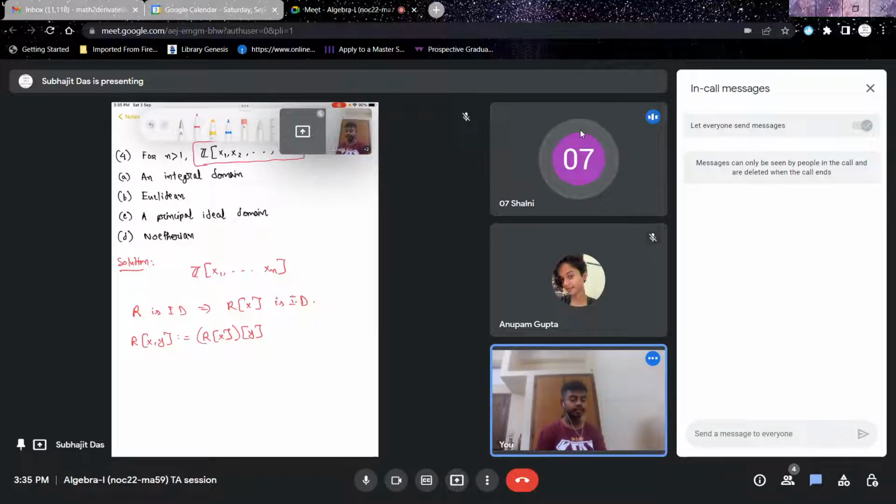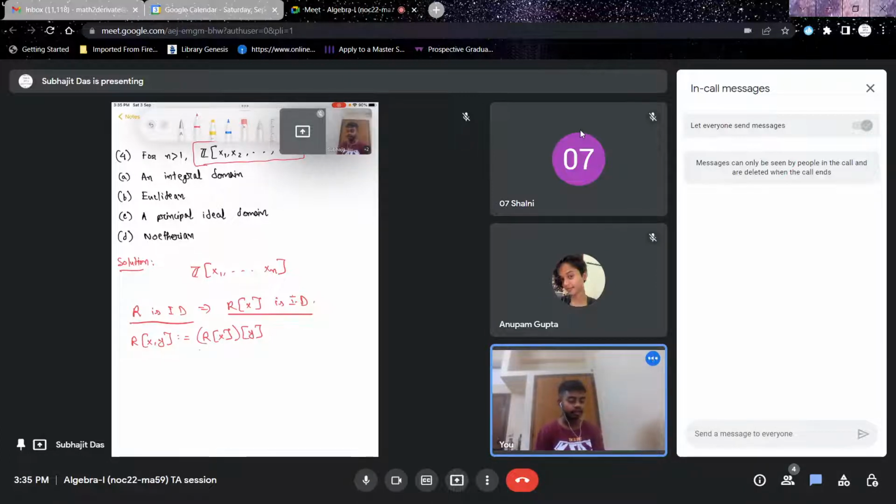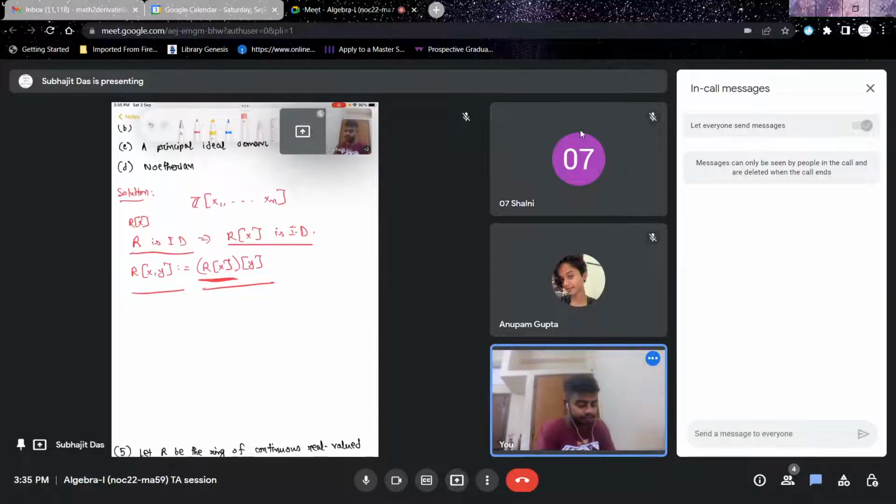So R is an ID implies R[x] is an ID, and therefore applying the same result to the integral domain R[x], since this is an ID, R[x,y] is also an ID, right? And hence we are done.